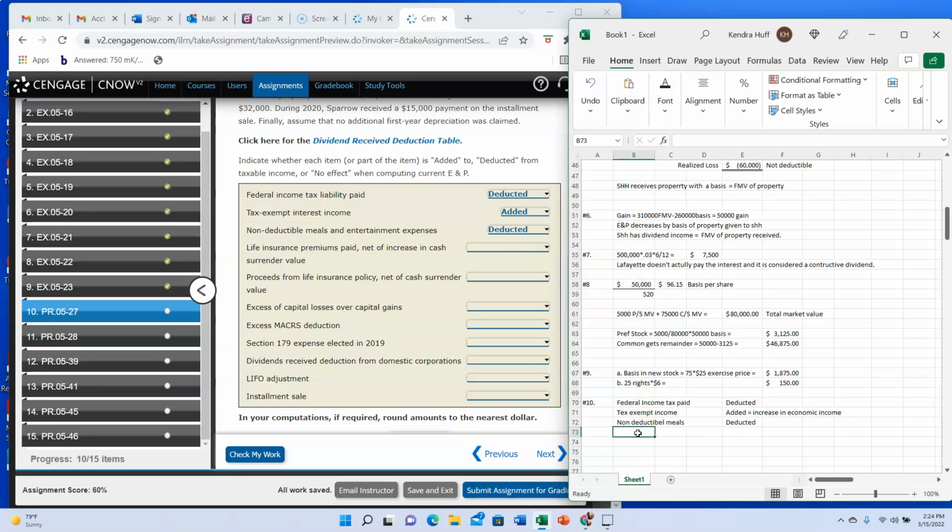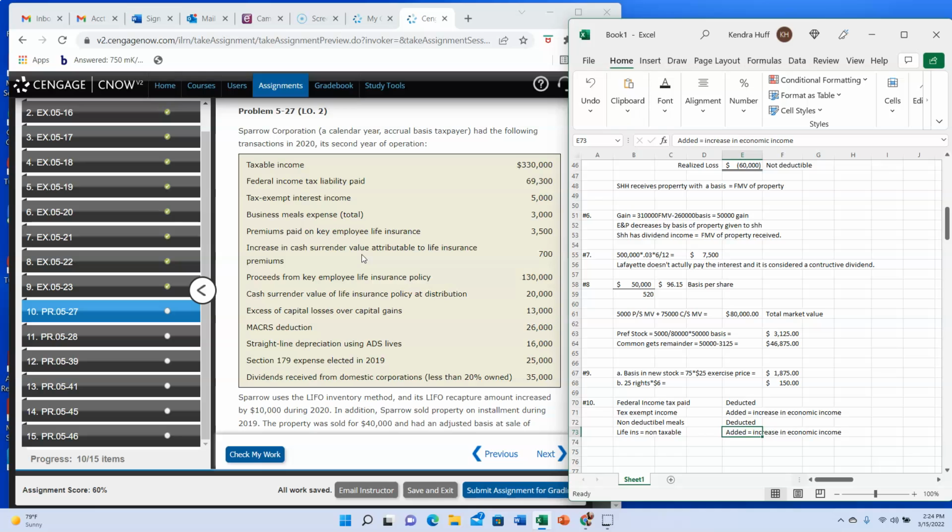Life insurance premiums are non-taxable. But we do have the money, so we're going to add it back. Oh, wait. What does this say?